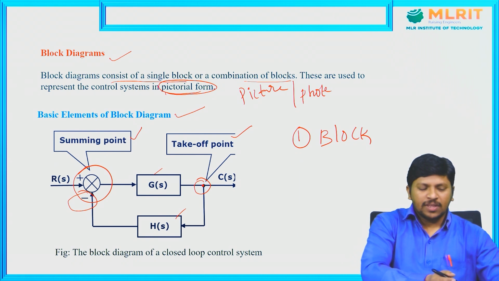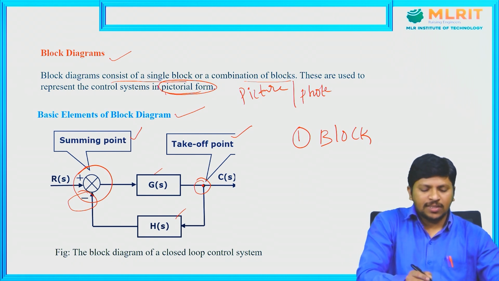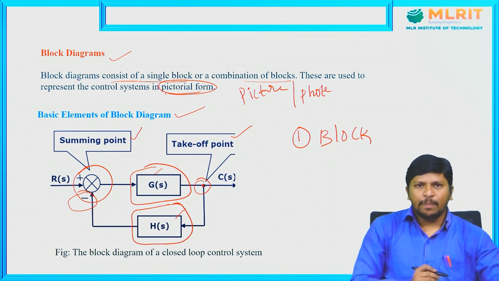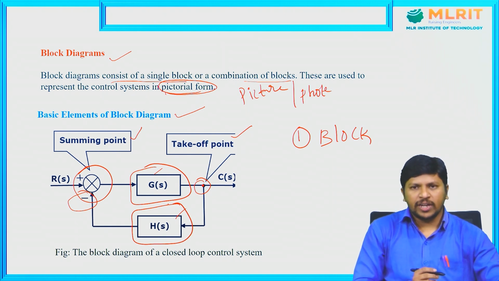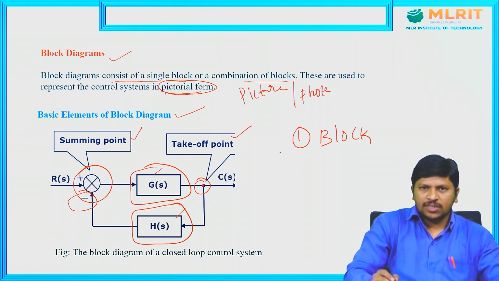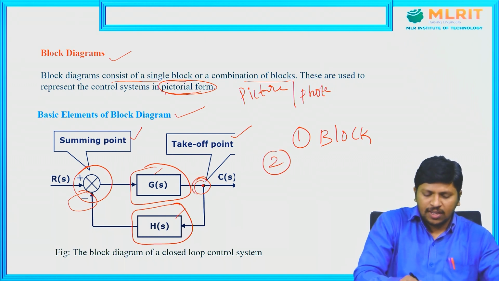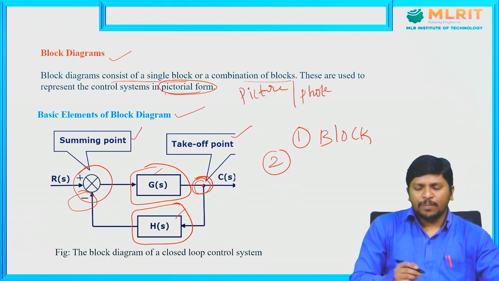The first is the block, G of s and H of s, and the second, just observe, is the take-off point or branch point.